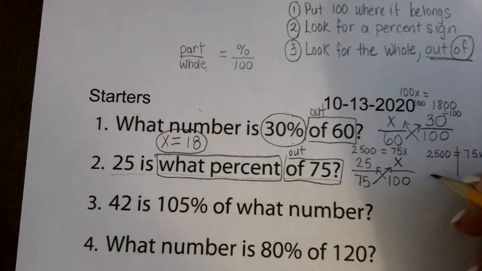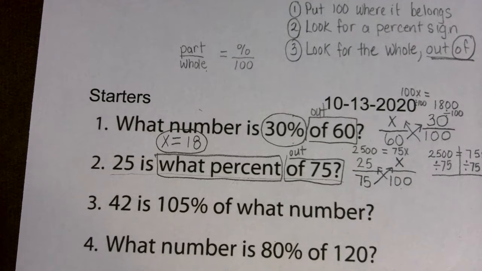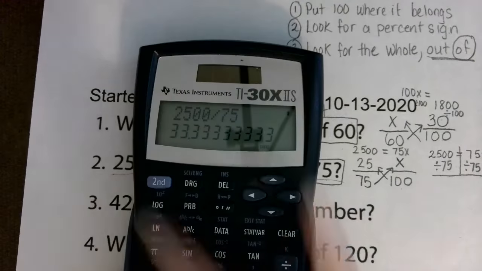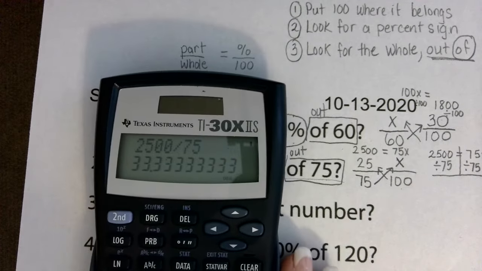If I split that equation, I'm dividing by 75 so that I get that x by itself, and it's just 1x. And when I divide on this one and I do 2,500 divided by 75, I get this big, long decimal. Sorry, that's kind of hard to see.